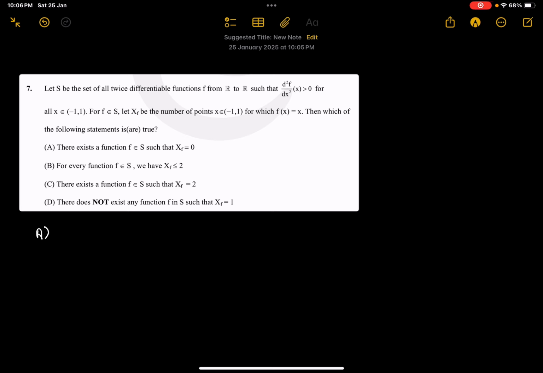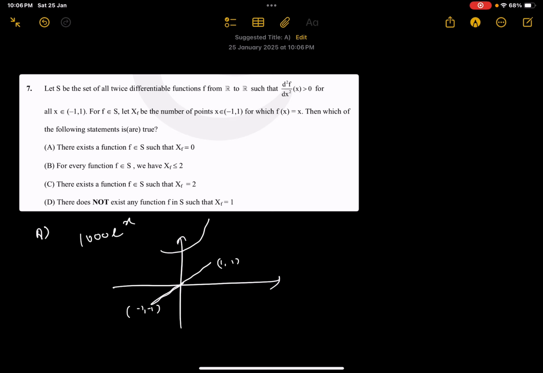For option A, there exists a function such that f(x) equals x has no solution. That means there exists a function which lies entirely above this line in this interval. So obviously we can take a function high up, say 1000 e to the power of x.